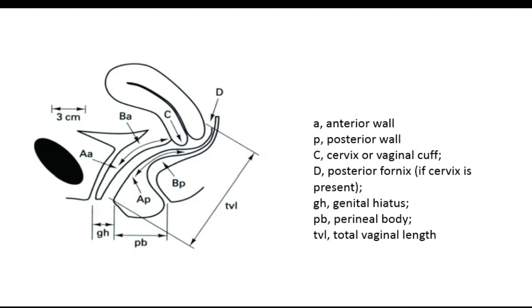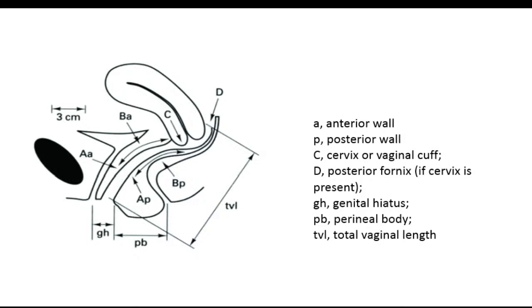So you can see it in the textbooks, and this is sagittal view of the normal, healthy female patients, and these abbreviations like A, P, C, D, GH, PB, TVL stand for the names: anterior wall, posterior wall, correspondingly cervix or vaginal cuff in case of hysterectomy.